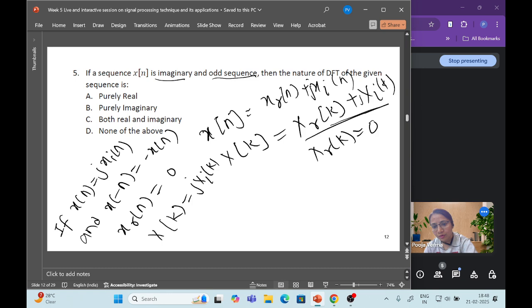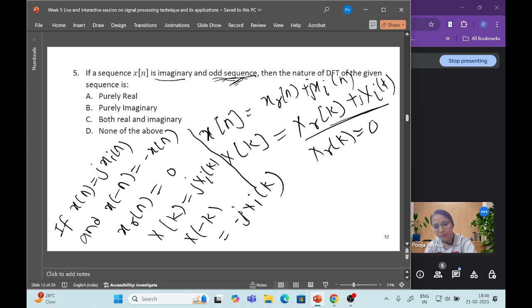And if we take the odd sequence, x of minus k will be minus j x i of k, because of the odd sequence property.